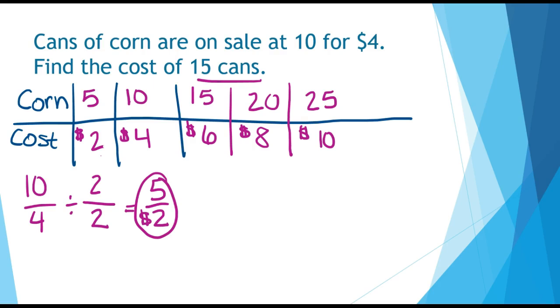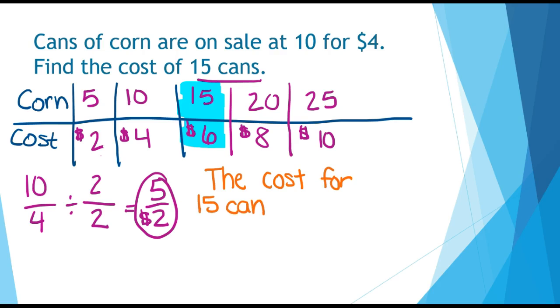Ding, ding, ding. Good job. We are right in here, which means that the cost for 15 cans of corn, this expensive corn, is $6.